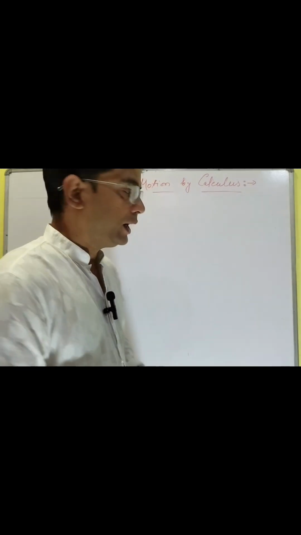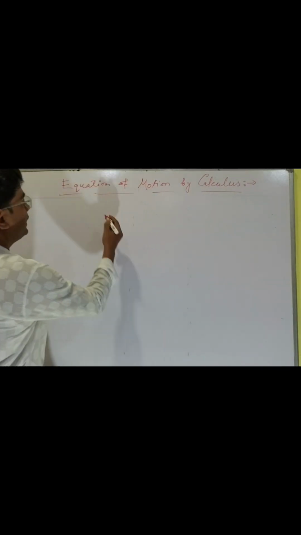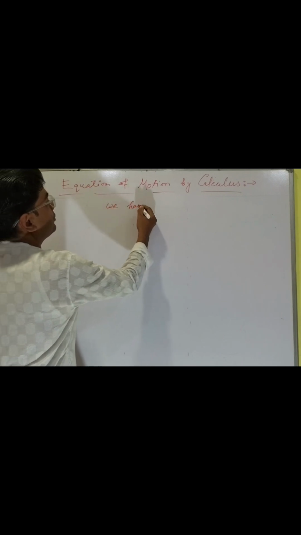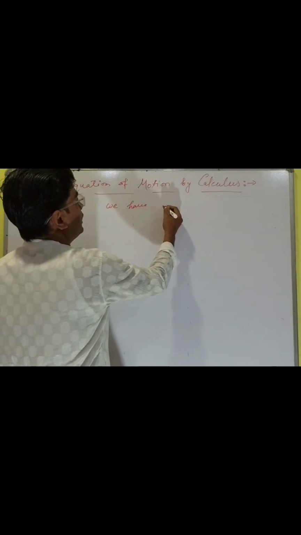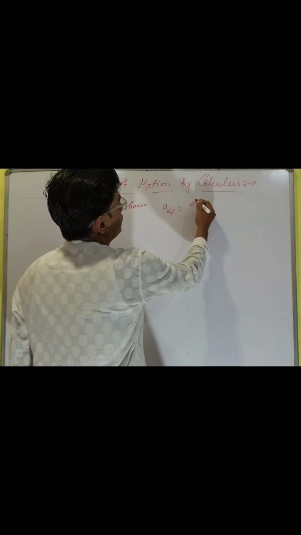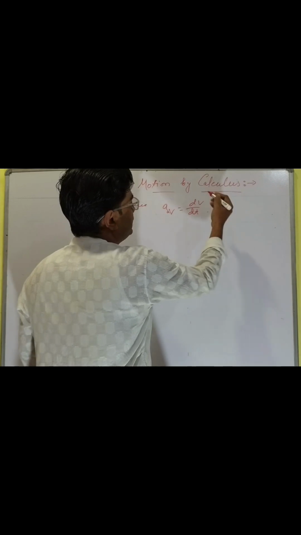For that, we have average velocity is equal to dv by dt.